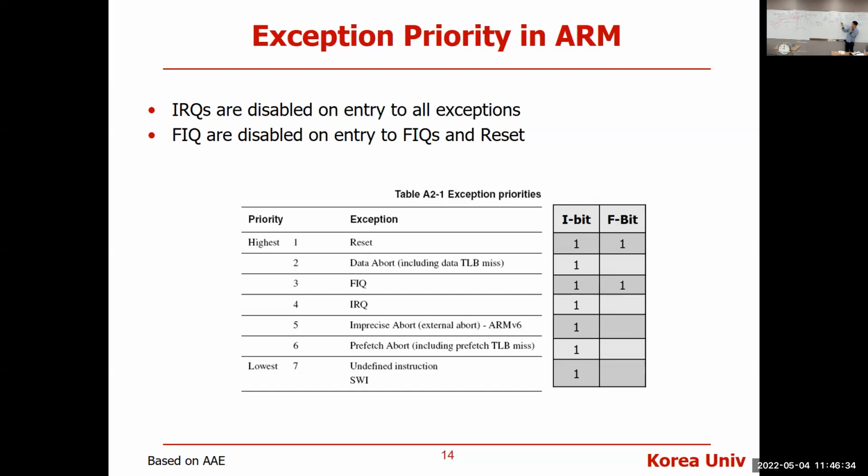It has nothing to do with software interrupts, as we see. So think about it in an ISR: what is the purpose of using software interrupt? The typical usage is to implement system calls. Inside an ISR, you may want to do an open file or close file system call, right? That should be taken. That should be handled.